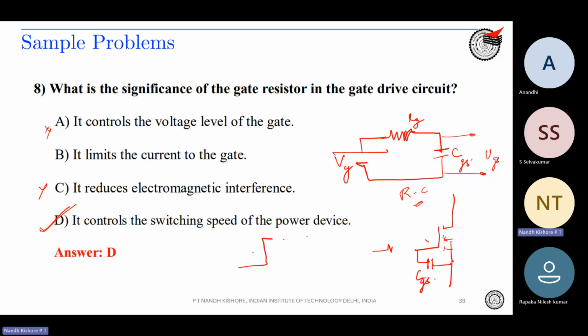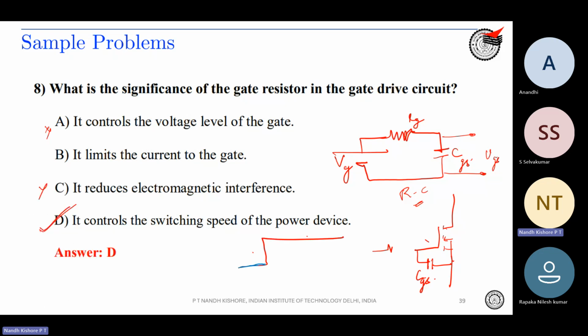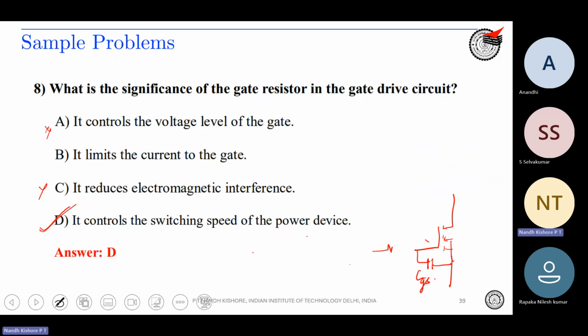So if you want a gate source voltage something like this, you can get a response something like this, or something like this, right? So whether it is underdamped or overdamped depends on the gate resistance that you use.